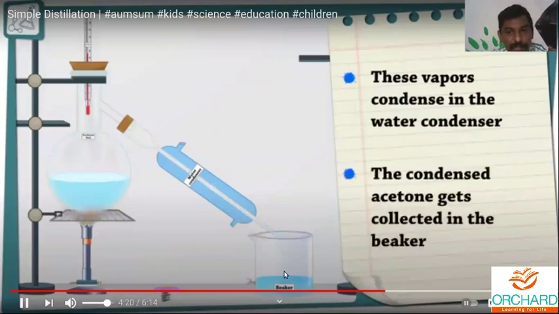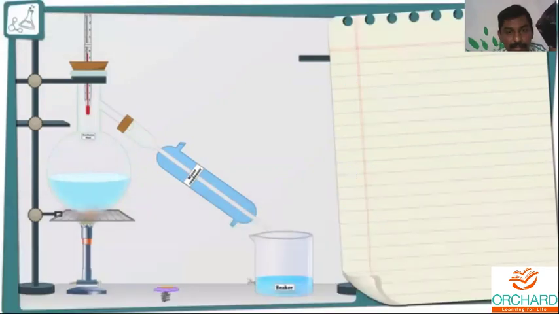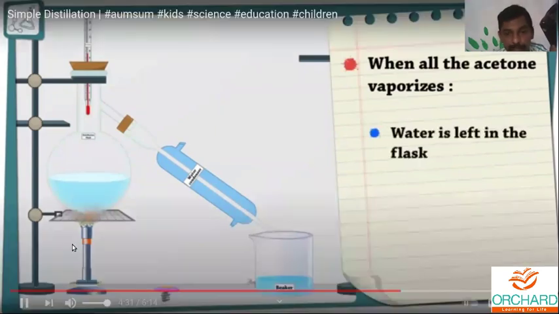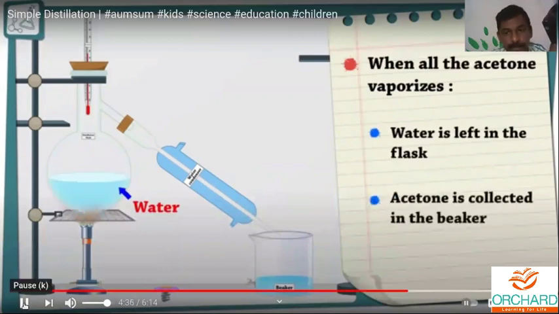The condensed acetone gets collected in the beaker. When all the acetone vaporizes, water is left in the flask. Acetone is collected in the beaker. Okay, this is the separation technique.